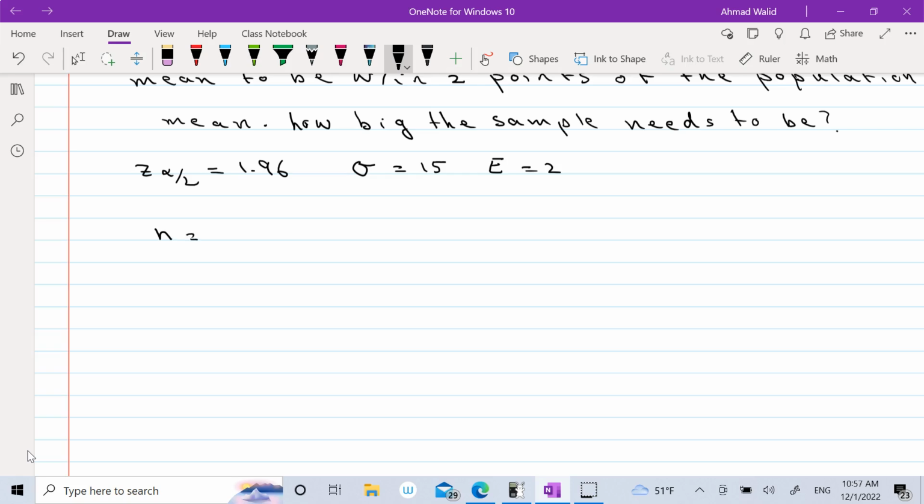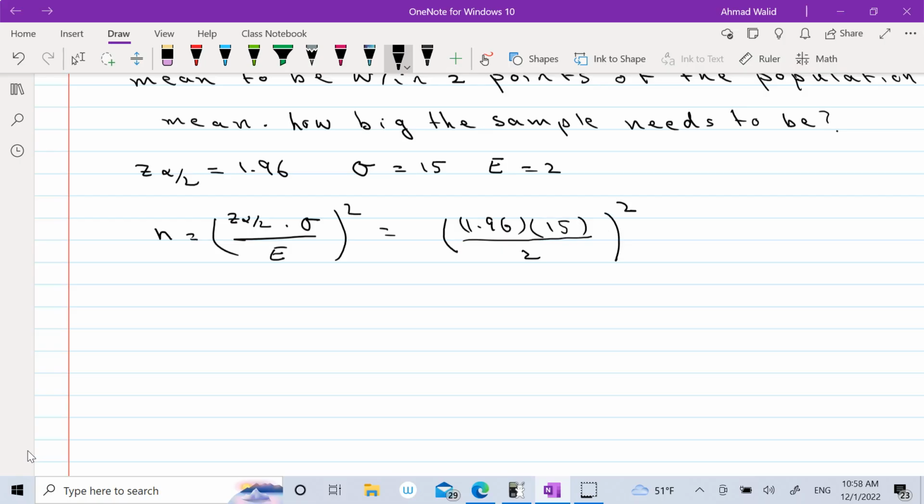Now, I can solve this problem really easily using my formula. N equals Z alpha over 2 times sigma over E, all squared. Correct? It means 1.96 times 15 divided by E, which is 2, then all squared.